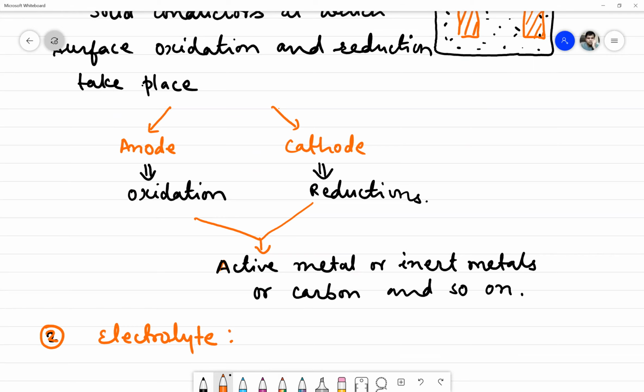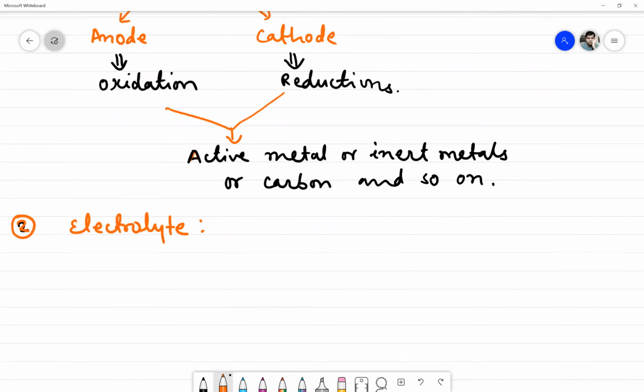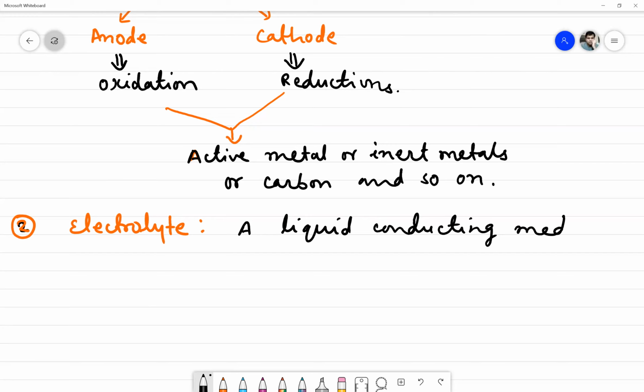So these two electrodes are dipped in the electrolyte. Electrolyte is a liquid conducting medium which allows the flow of ions through it.